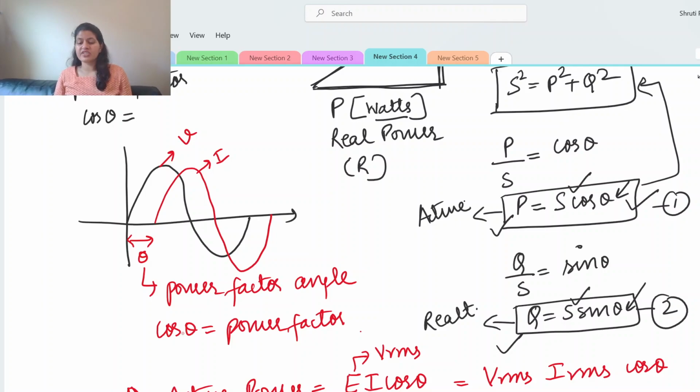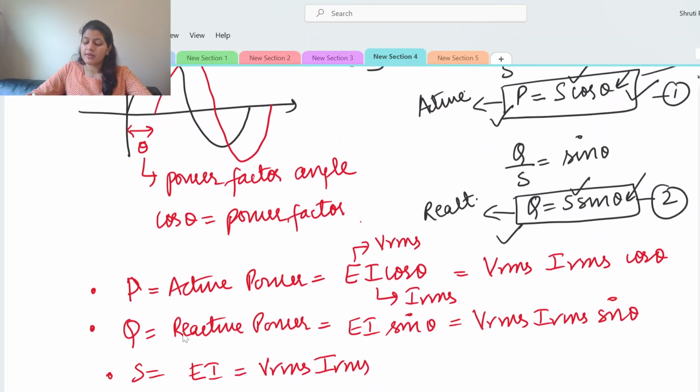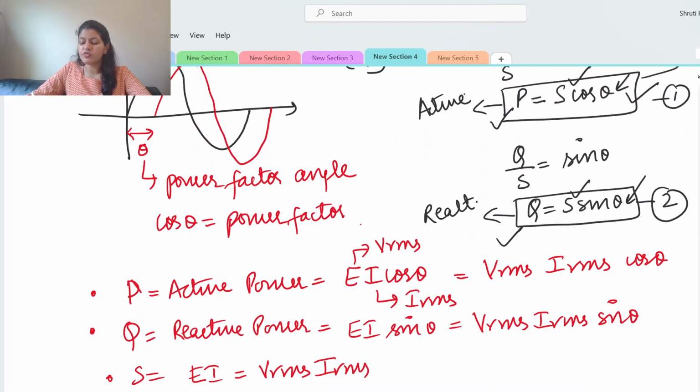Okay, so if the question is given in this form, v(t) is equal to Vm cos(omega t plus theta), right? Then first we need to take the value of RMS from this equation, which will be Vm by root 2.